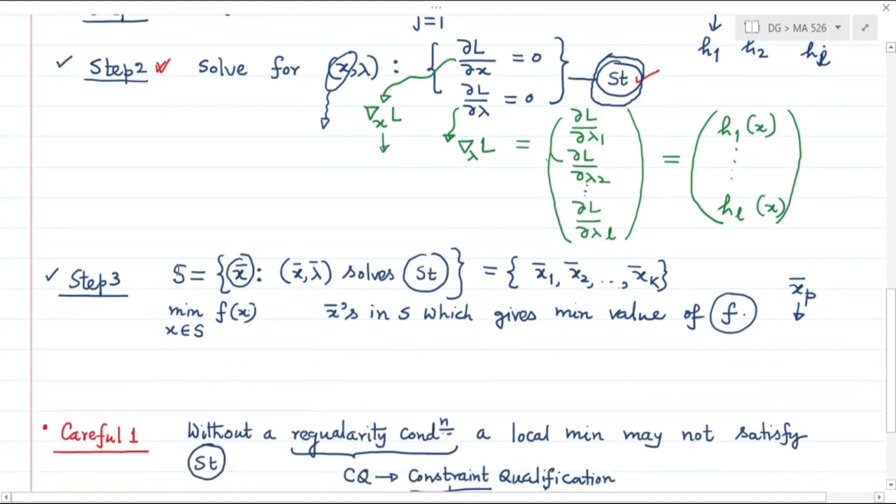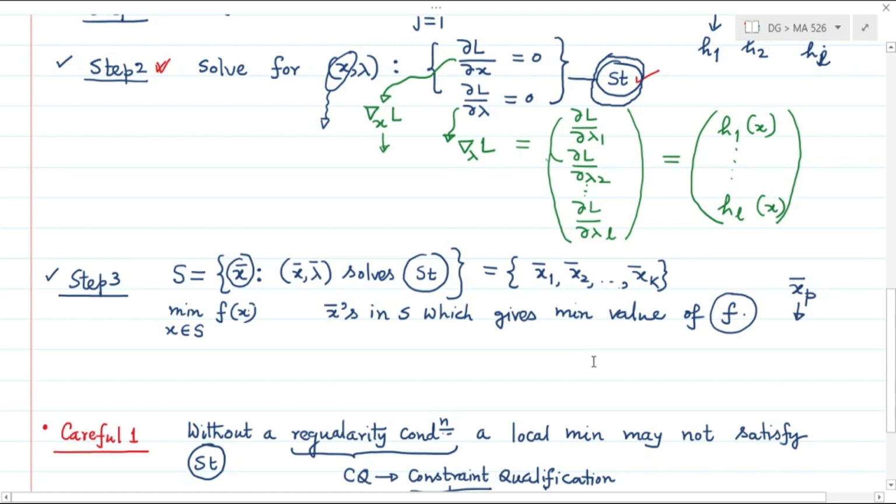The second point is in step 3. Here you note that in step 3 you are collecting those x bars which satisfy the stationarity system, but you are declaring that x bar is a local minimum without an extra check, like the Hessian matrix being positive definite, the second order sufficient condition that we have checked for unconstrained optimization problems.